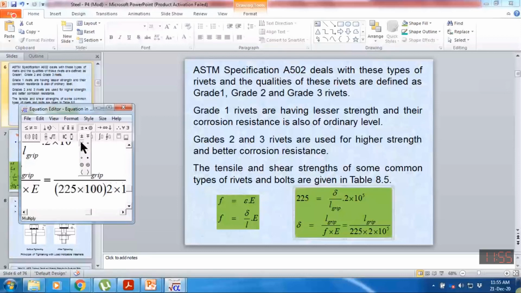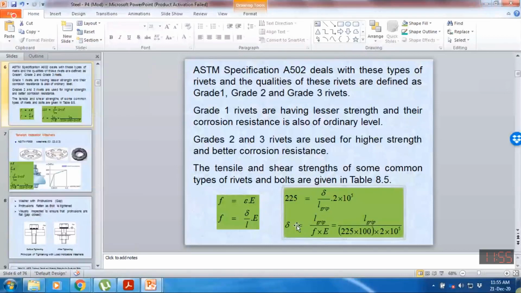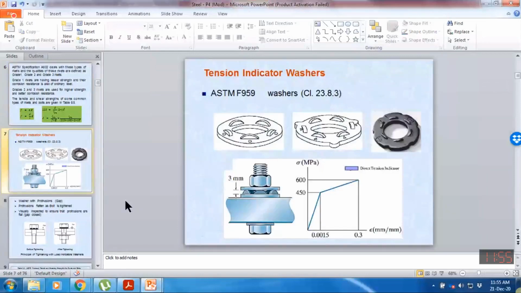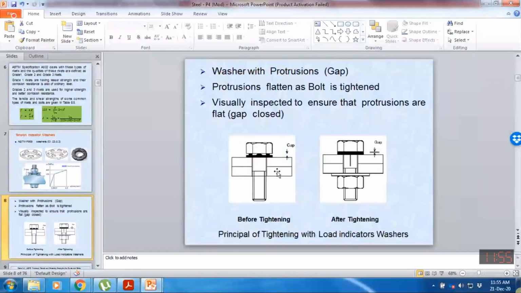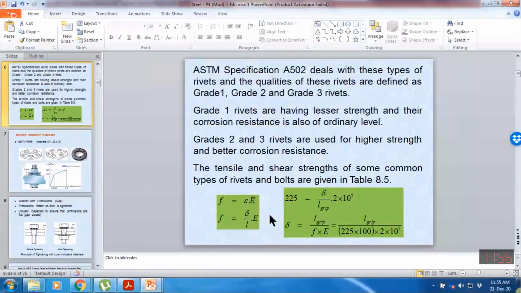These are called tension indicator washers. So for example, the total height is equal to 1.5 millimeter. It means that when I am tightening this bolt, these humps or deformations will be deformed, so their distance will decrease.